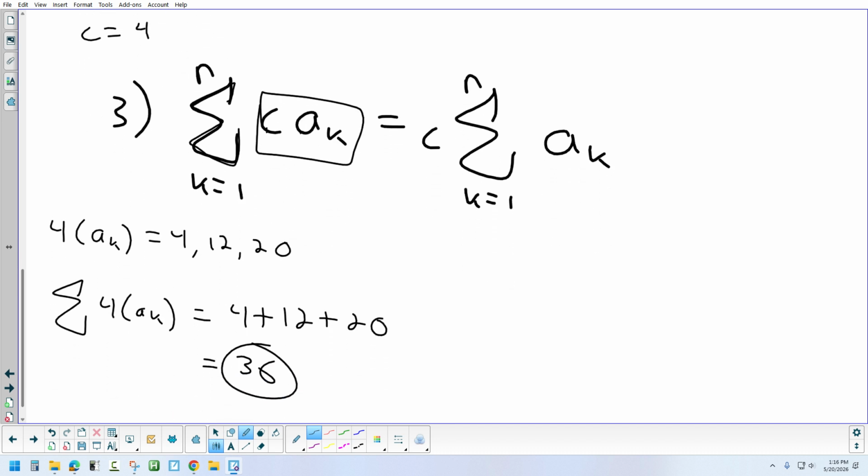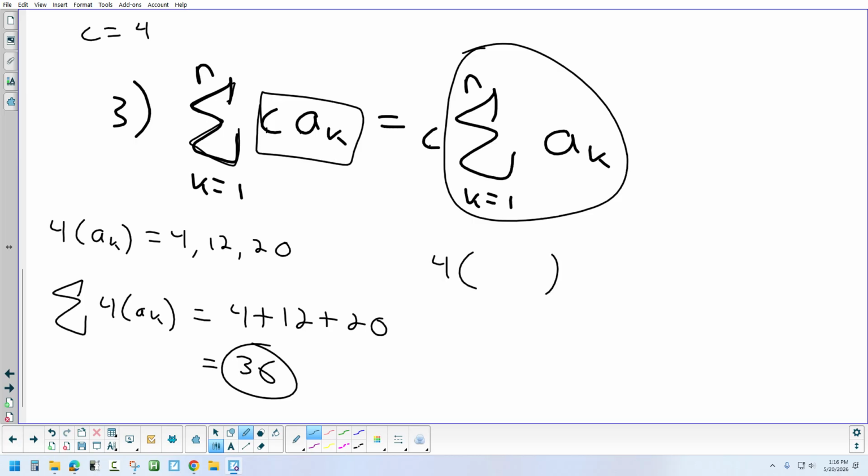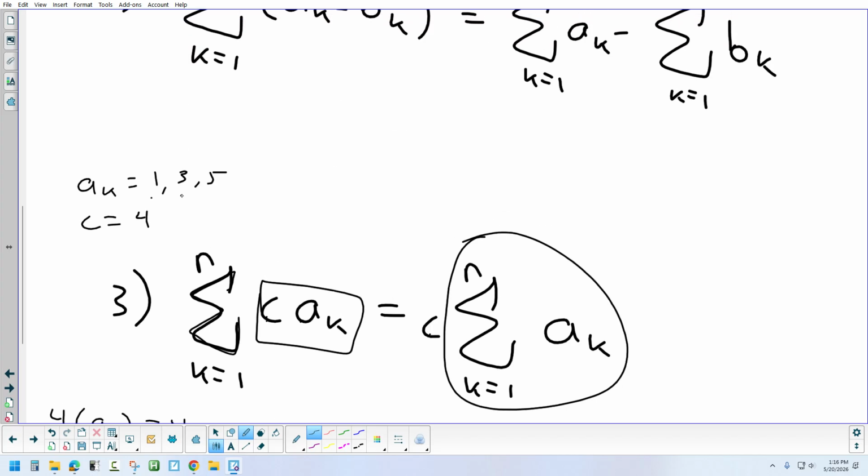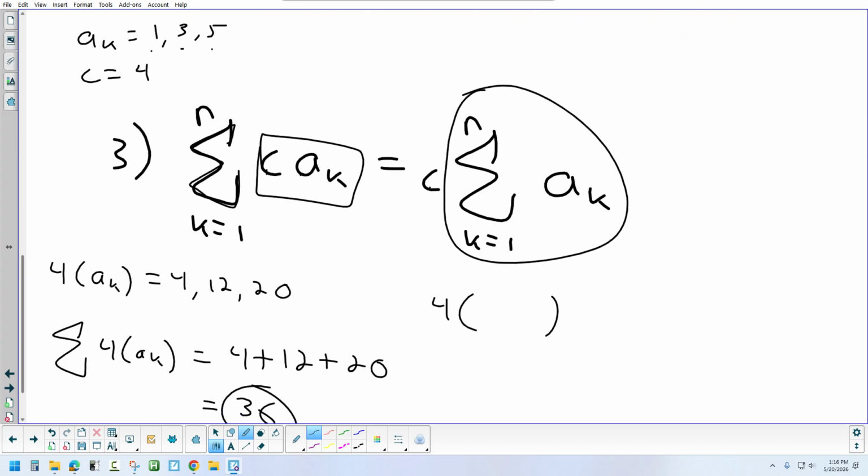Now the way on the right. The way on the right, you do the part that I circled first. Add up every number in sequence A the way it is. Okay, don't change it. So C is 4. And what do we get if we add up 1, 3, and 5?